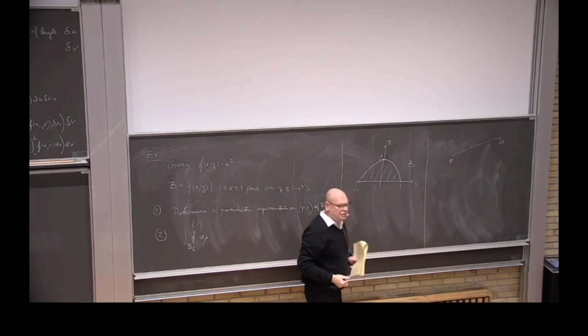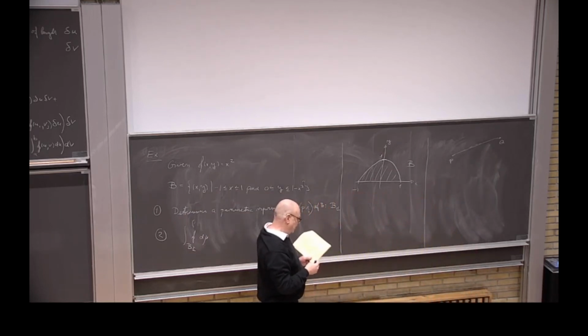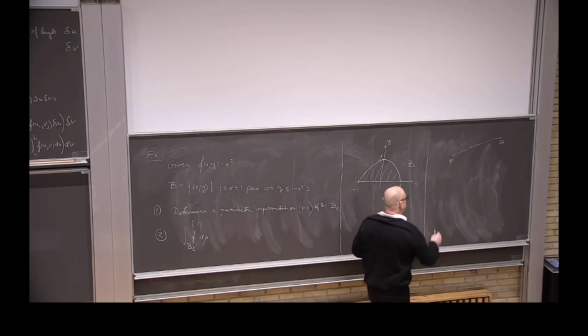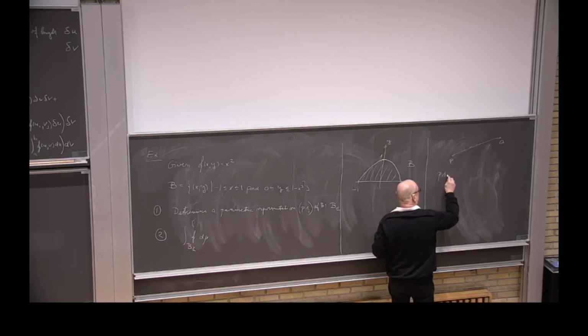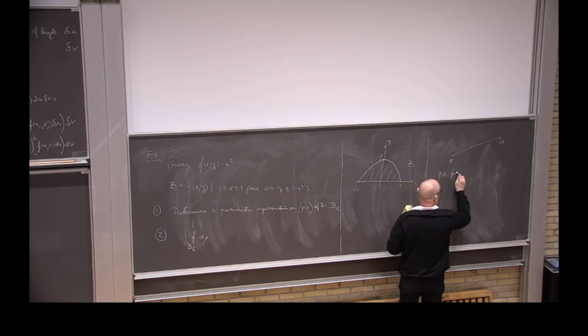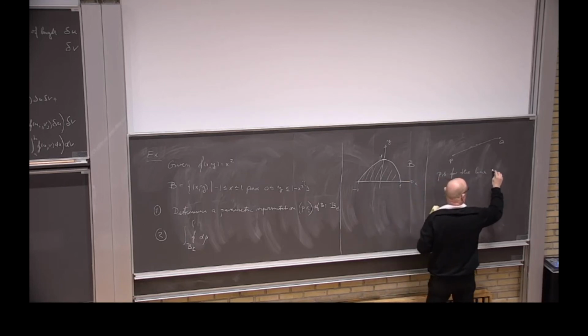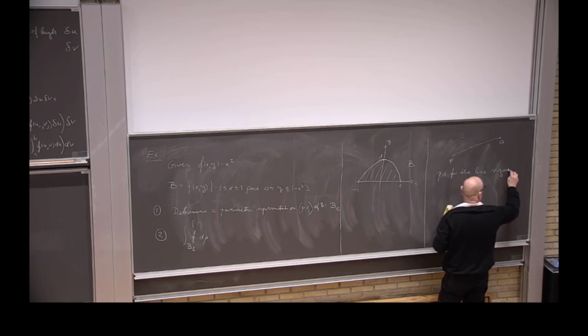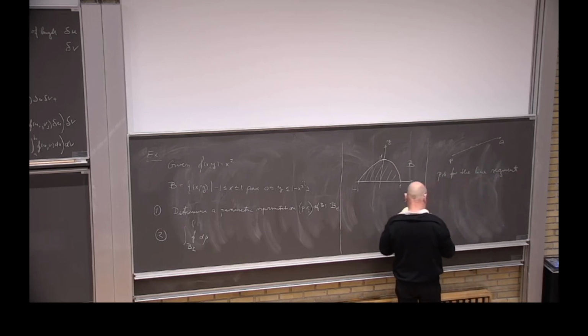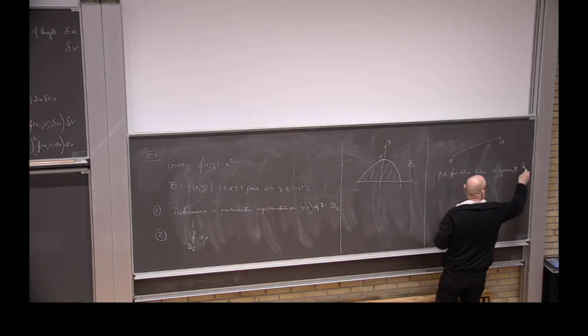How do you describe all the points on that? So I want a parametric representation for the line segment PQ.